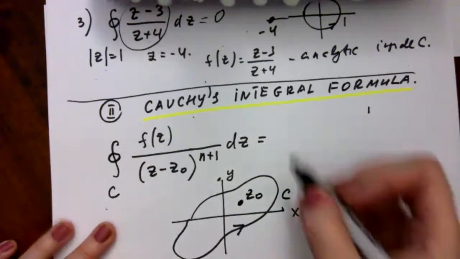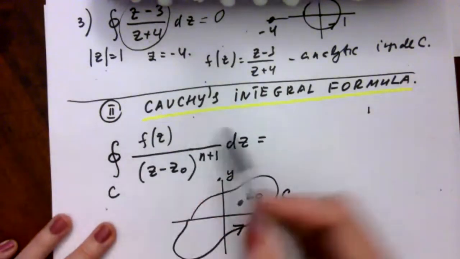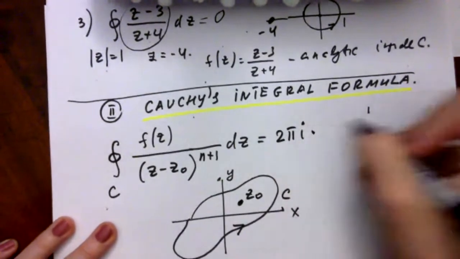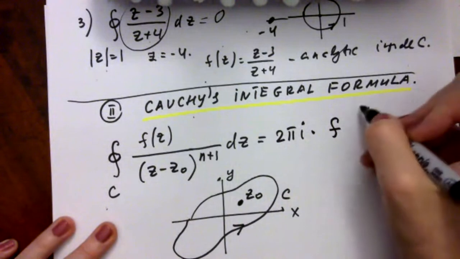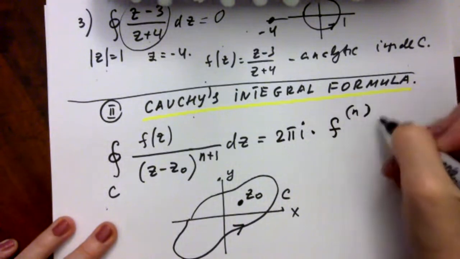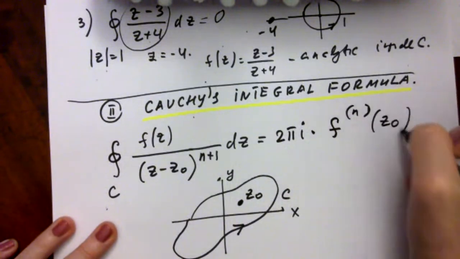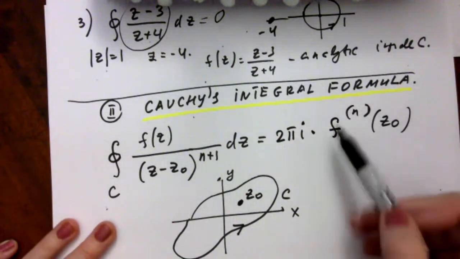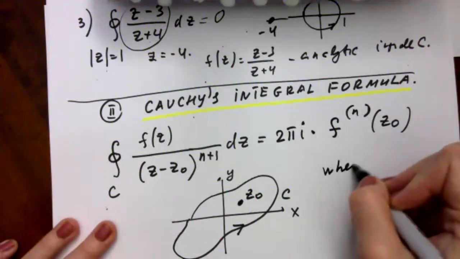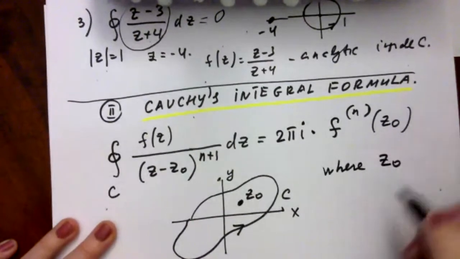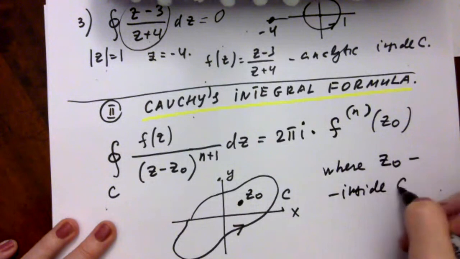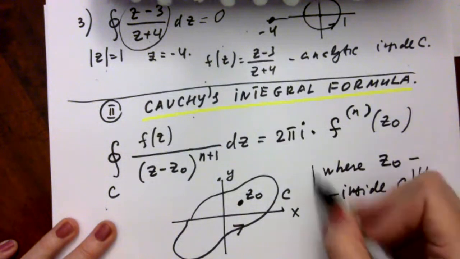This is actually crucial. In this case, this integral is equal to 2 pi i times f^(n) of z0, where f^(n) means the derivative of the nth order. And of course, I need to highlight again that z0 is inside contour C. This is super important.